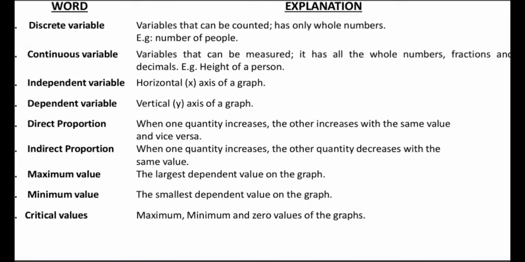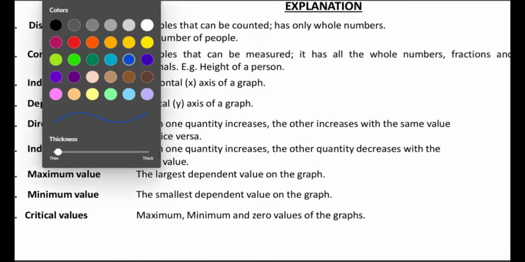One, discrete variable. What are discrete variables? These are variables that are counted or they are countable. They will always be in whole numbers. They will never be in halves. Example, number of human beings.